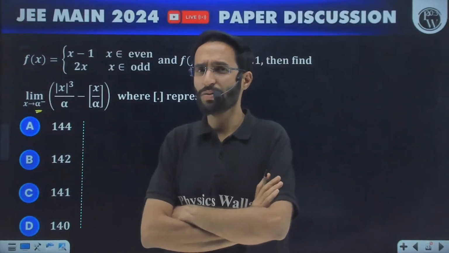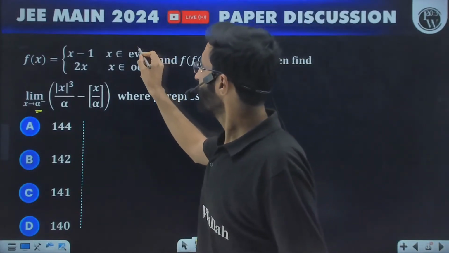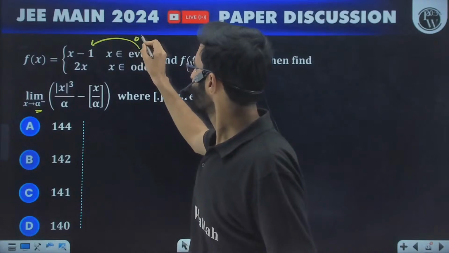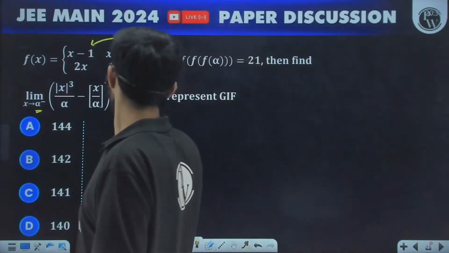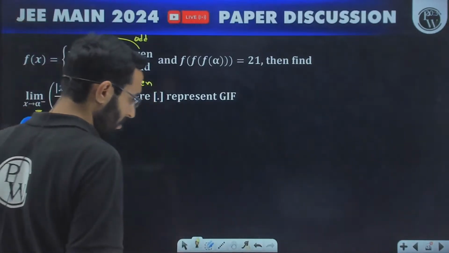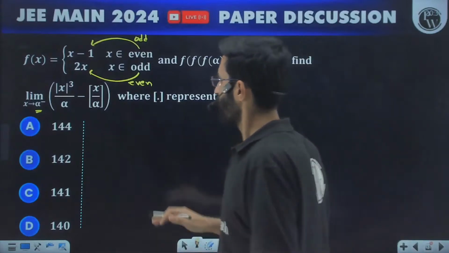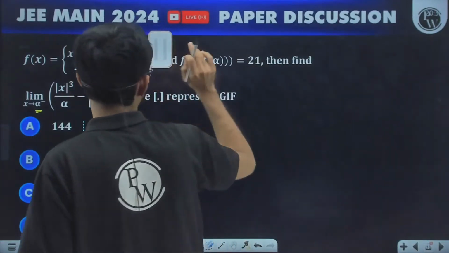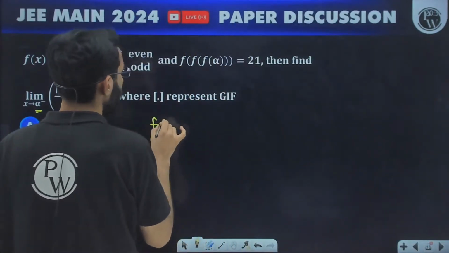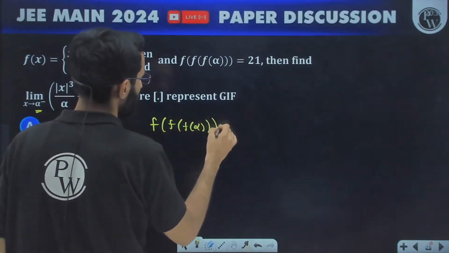If you read this question carefully, you will know that for an even number you are getting an odd answer, and for an odd number you are getting an even answer. So f of f of f of alpha is 21.